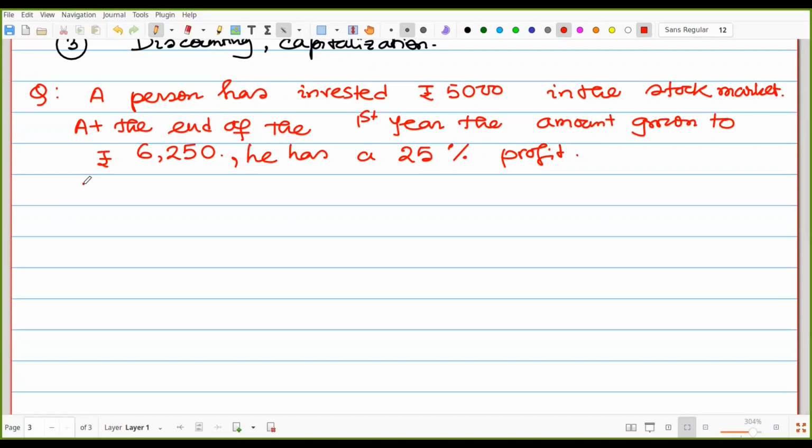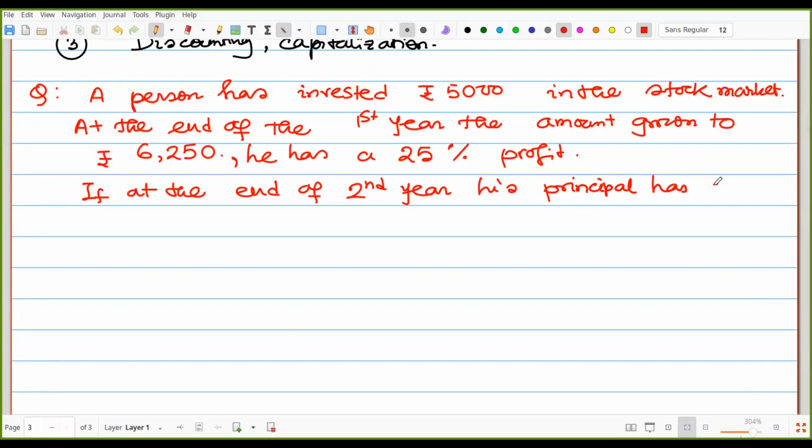Then at the end of the second year, his principal has grown to rupees 8,750.